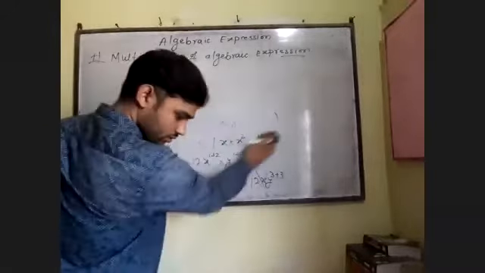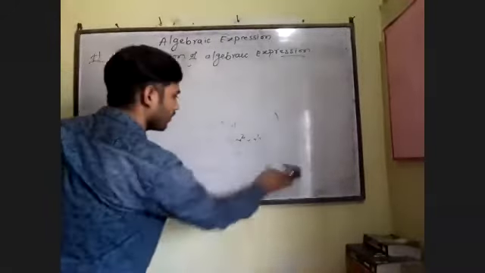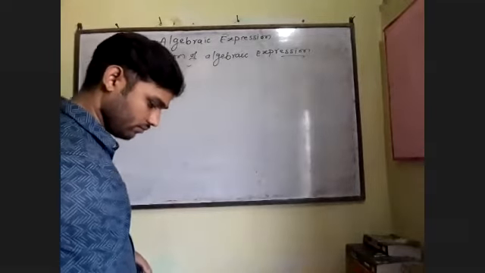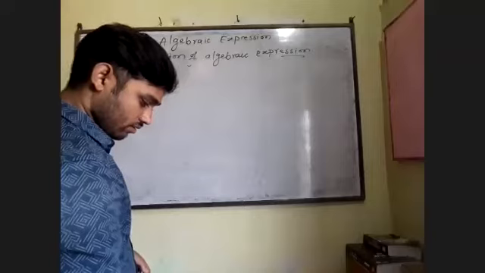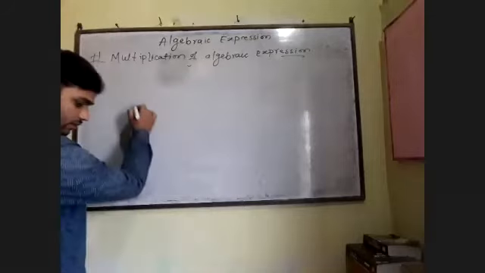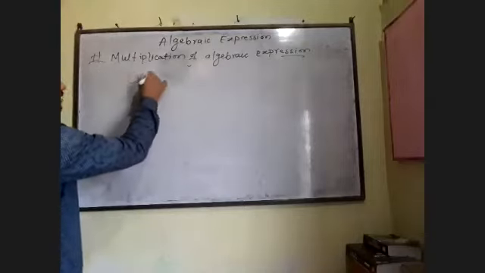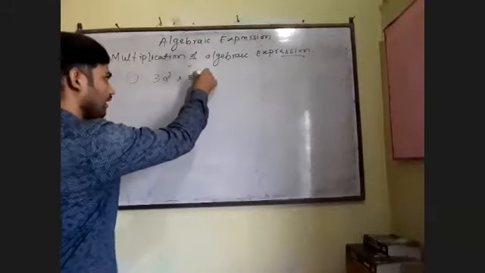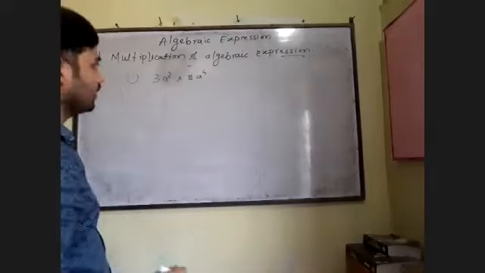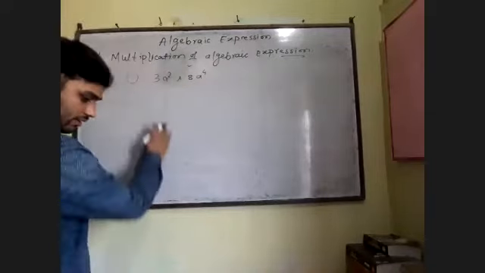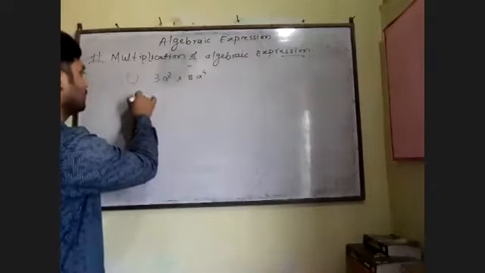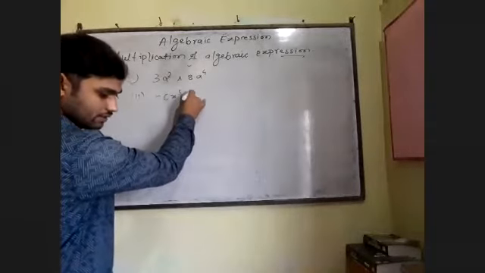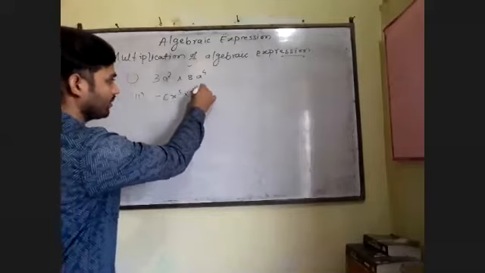Let's write the questions from your book. Multiply. First one is 3a square and 8a to the power 4. Next is minus 6x and minus 5x to the power 2.